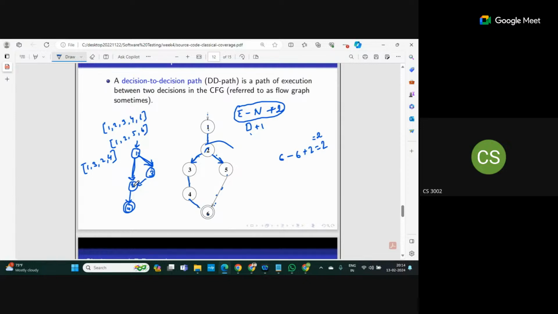But finding this linearly independent path, that algorithm itself is difficult to implement. This is a simple thing, so manually I can easily find it out. But whenever you're writing a program that has to go from 1 to reach 6, you'll have a lot of combinations.